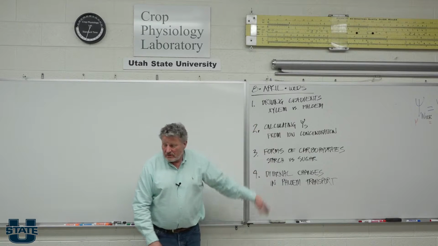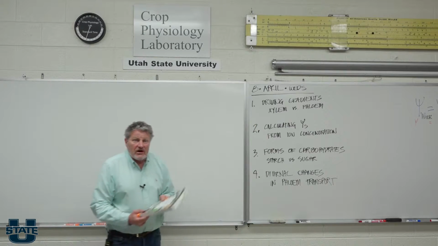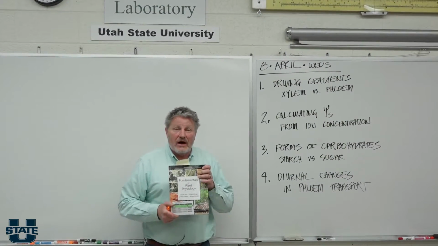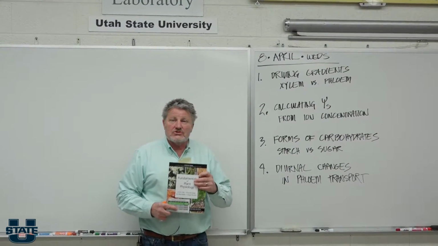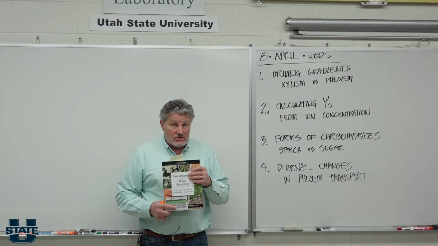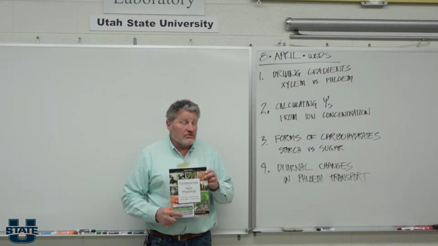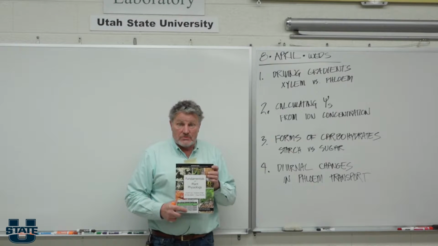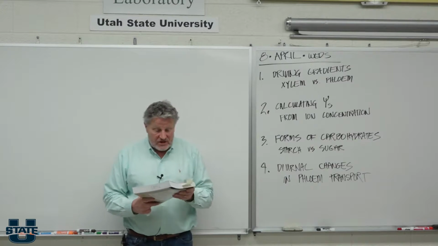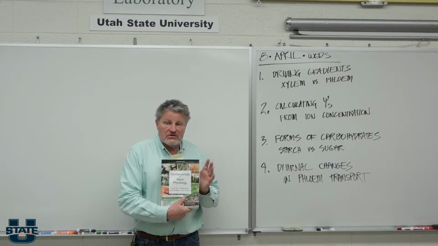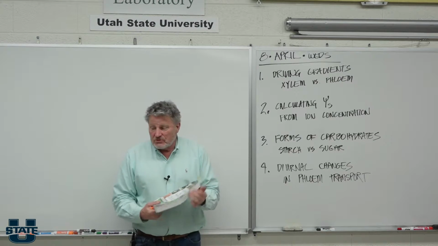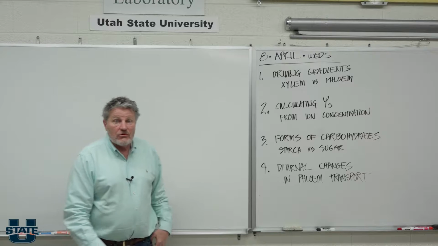This part here is very well covered in every plant physiology textbook: how the water potential movements cause flow in the phloem. So I refer you to the chapter on phloem transport in any plant physiology textbook for the basics of this. This one happens to be Taiz and Zeiger, a more recent one, but these principles haven't changed for several decades.